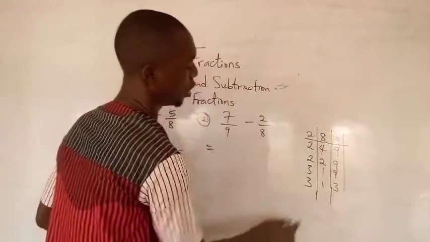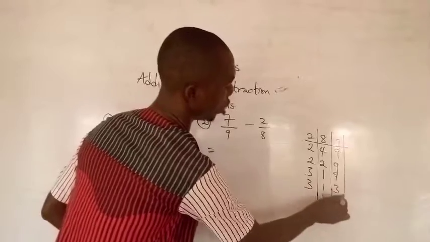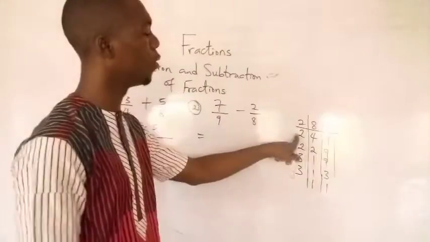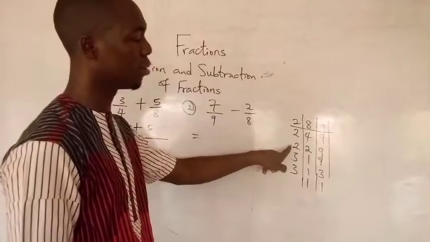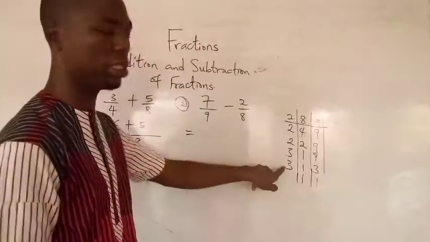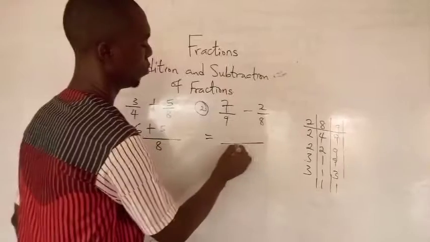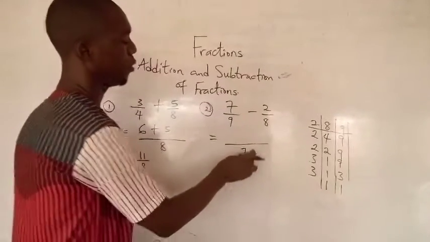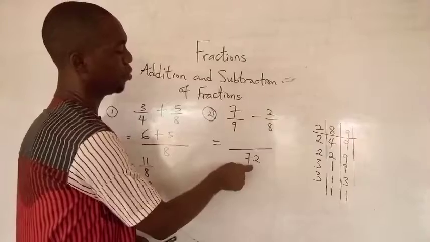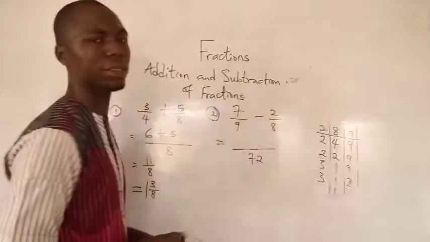Then we take 3 again. 3 in 3, 1. So our LCM will be 2 times 2, 4. 4 times 2, 8. 8 times 3 is 24. And 24 times 3 is 72. So our LCM is 72.